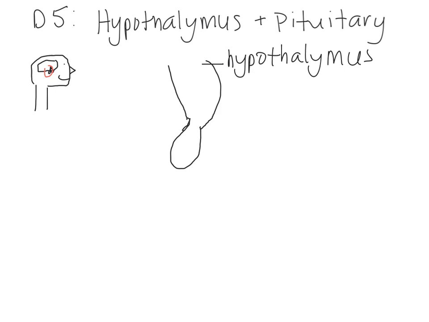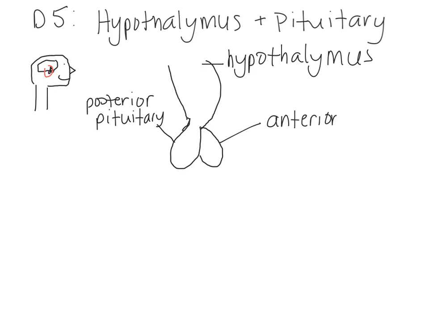Okay, so posterior pituitary gland is here. The anterior pituitary is a second lobe that looks like this. Okay, so anterior pituitary.